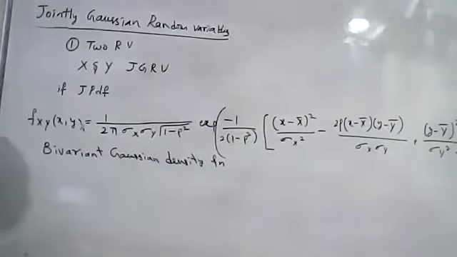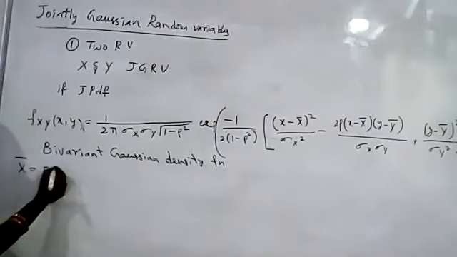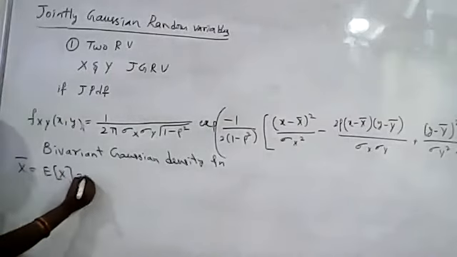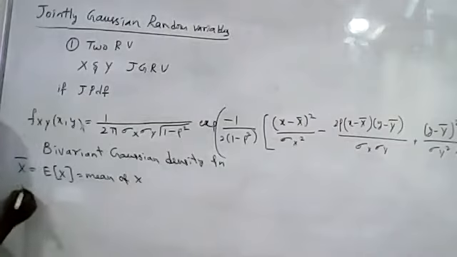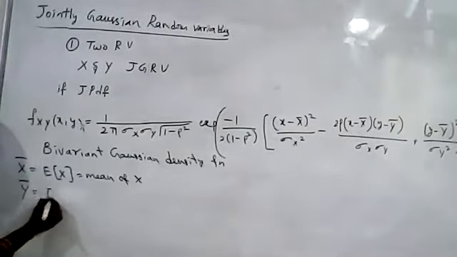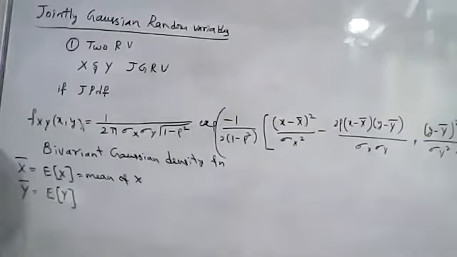Now here, what is x bar? X bar is nothing but the expected value of x. It is nothing but the mean of x. What is y bar? Y bar is nothing but the expected value of y. It is the mean of y. And what is sigma x square?